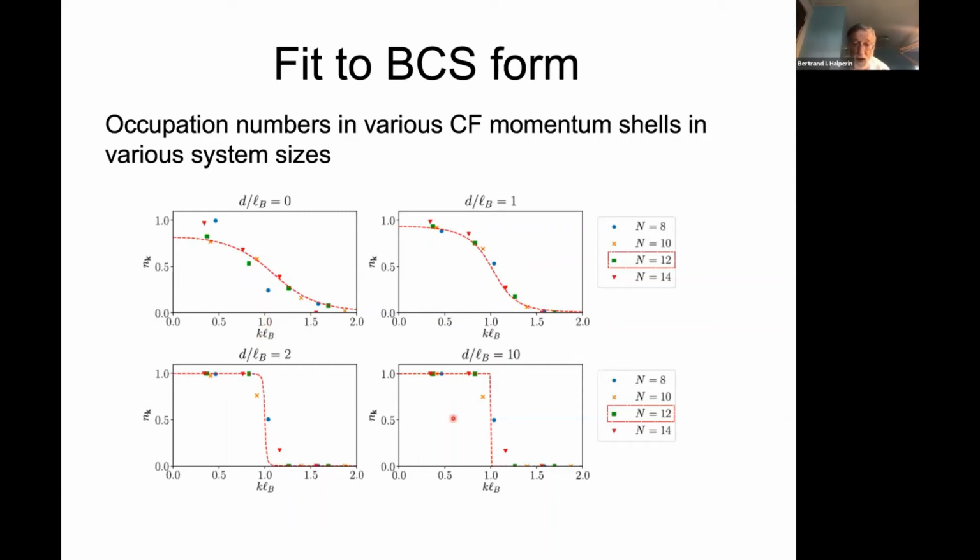And you can see that at large separations, the fit predicts that if we went to infinite system sizes, it would fall off very rapidly, sharp, as you would expect for 2 independent Fermi systems. There's some smearing because of the finite size effects. But as you get to smaller and smaller D over LB, it gets more and more spread out, and you're starting to mix in states with different occupations.